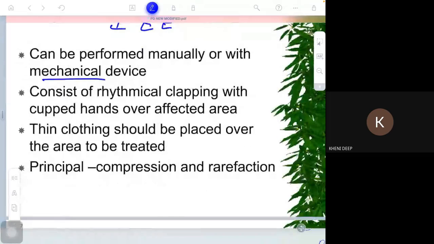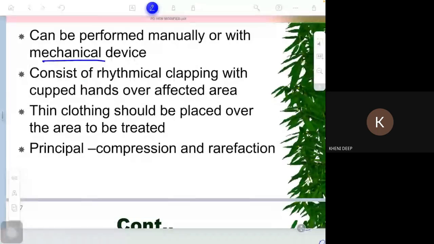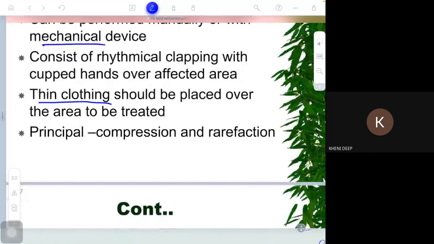As for the procedure, you know the clapping; in second year you already discussed and practiced it. With a cupped hand, you will rhythmically clap the chest wall. Thin clothing should be applied here to prevent unnecessary tactile stimulation.